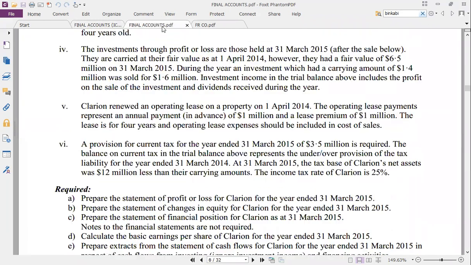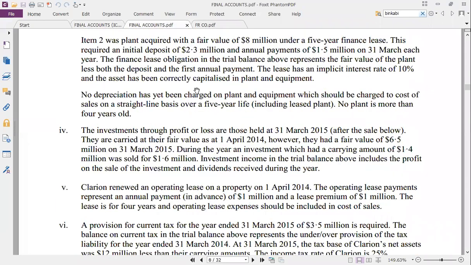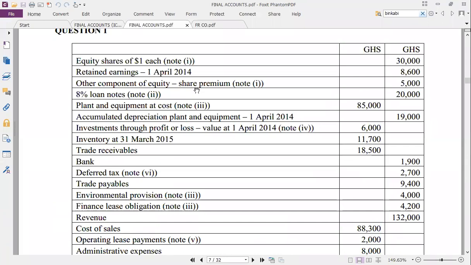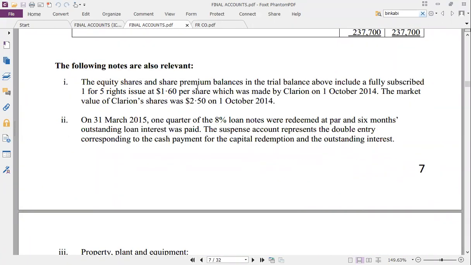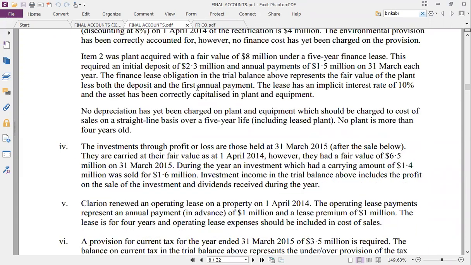Let me use this particular one. The first question that we are going to look at for today is... I believe we looked at it in our first meeting.